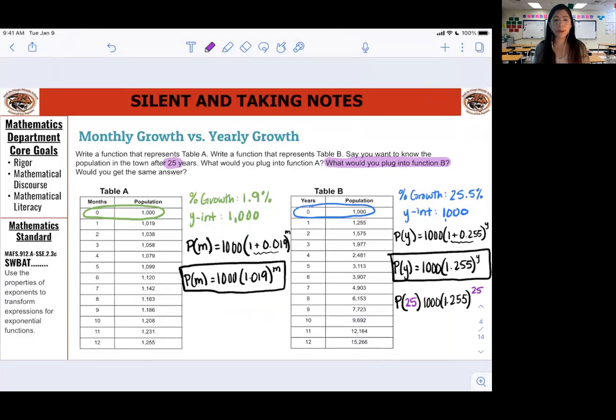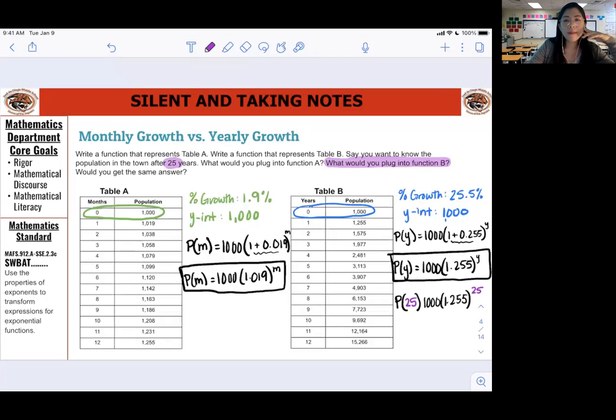So that would be function B, but what would you plug into function A? 25. No, it can't be 25 too, right? If you look at function A, what does the variable represent? Months. So we have to divide 25 by 12?